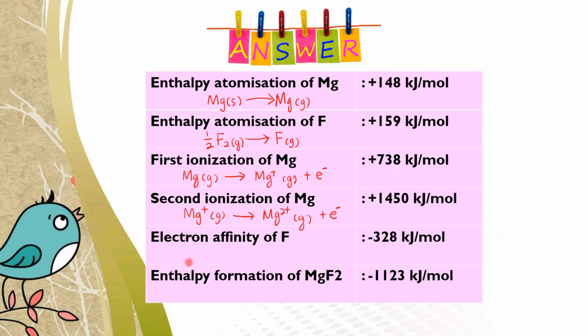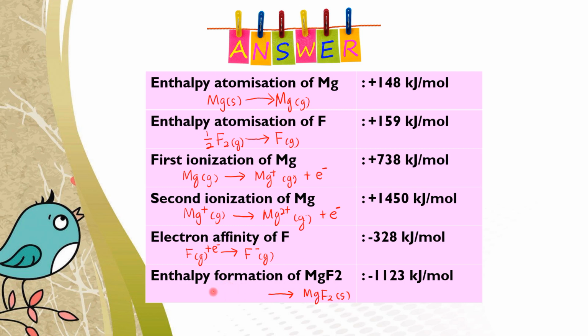Electron affinity means that a fluorine atom accepts 1 electron and produces F minus ion. Enthalpy of formation: you want to produce MgF2 in solid, so the product side should be 1 mole.